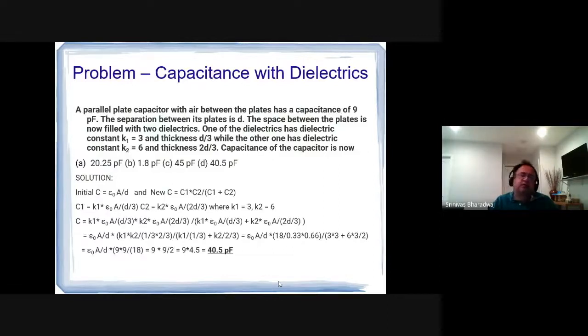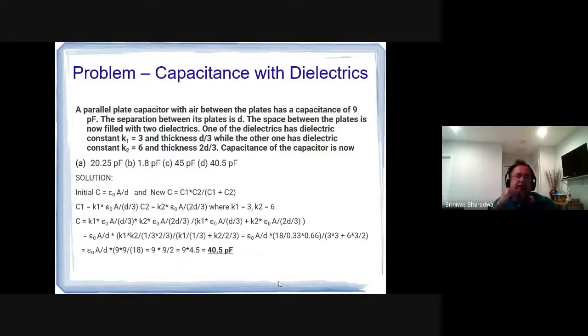The second one has a thickness of 2D by 3, so it had 6 picofarads. Then you increased it sixfold, so it will become 36 picofarads. So you had 9 and 36 in series.